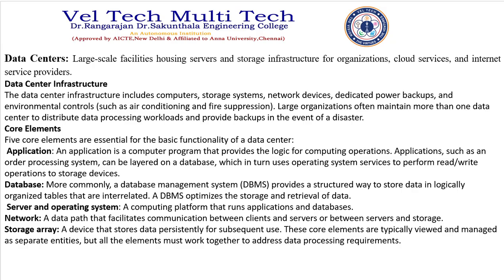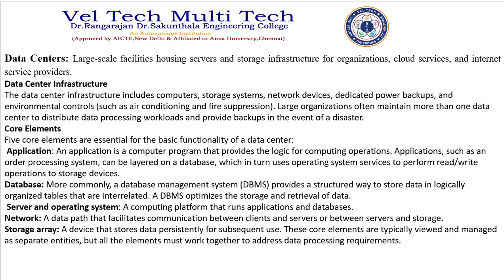The database, more commonly the database management system, provides a structured way to store data in logically organized tables that are interrelated. A DBMS optimizes the storage and retrieval of data. The server and operating system is a computing platform that runs applications and databases.